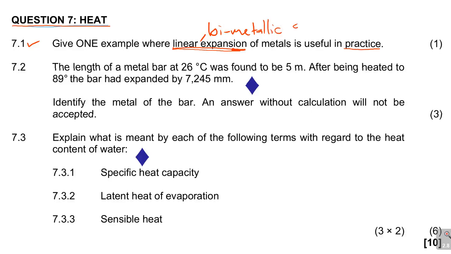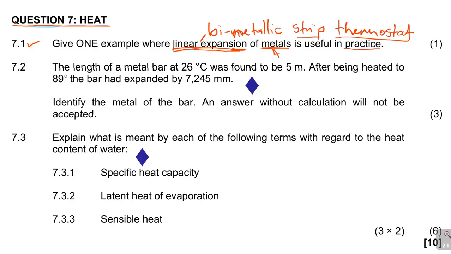The bimetallic strip. So this is one area where you find an example of linear expansion. This is the bimetallic strip that you find in thermostats. That is the first one that quickly comes to mind, but you need to find other examples. The main part of linear expansion of metals, remember they are specific about metals, is where you are using the bimetallic strip.